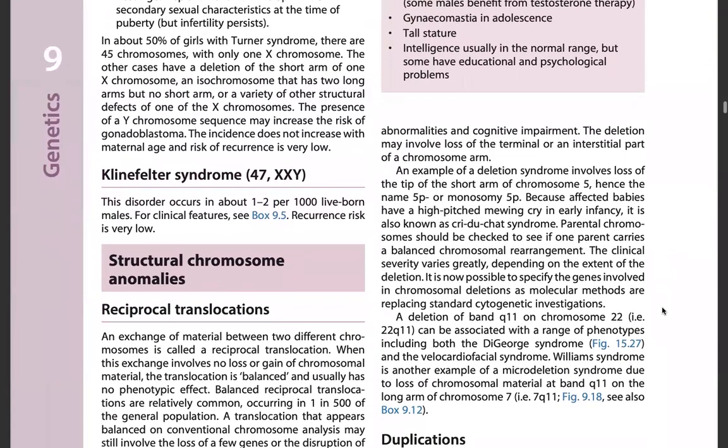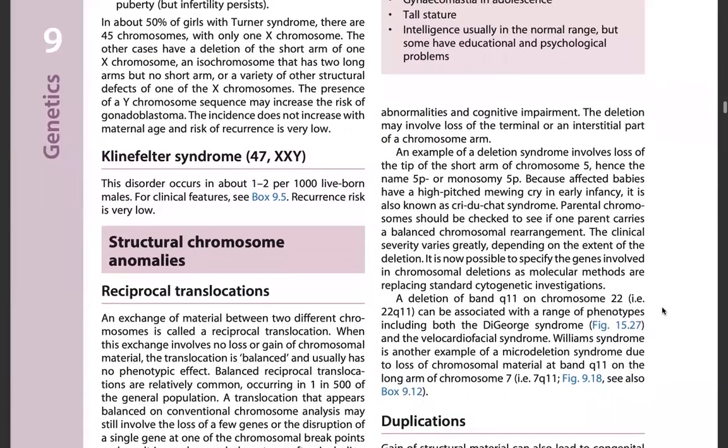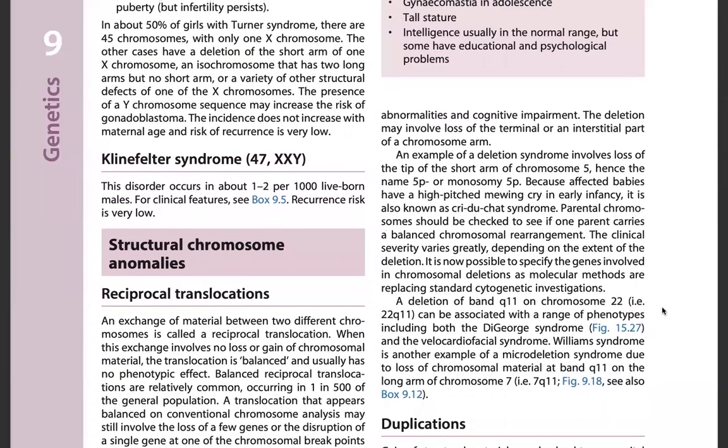Structural chromosomal anomalies: reciprocal translocation. Exchange of material between two different chromosomes is called reciprocal translocation. When this exchange involves no loss or gain of chromosome material, the translocation is balanced and usually has no phenotypic effect.